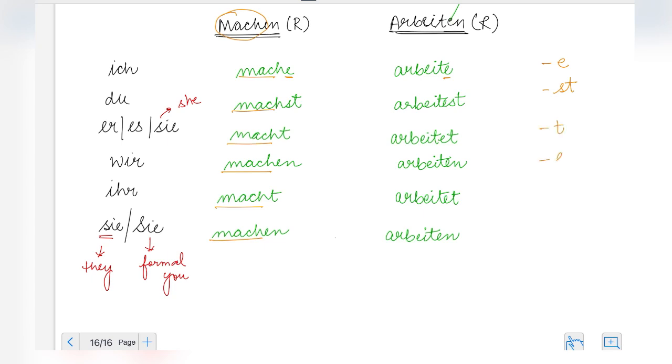For wir we have en, which is the root form only. For ihr we have again t. And for sie we have en. So you should know these endings. We just add these appropriate endings: e, st, t, en, t, en. Easy, right?